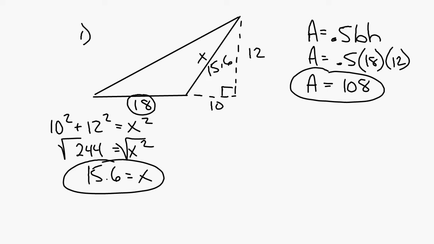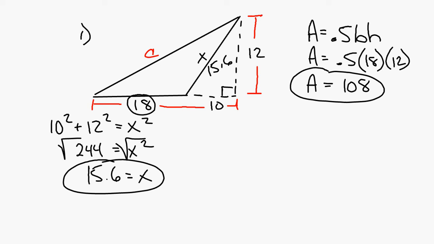Now, to find the third side of this triangle, you have to use this entire side, and you have to use this side to find, we'll call it C. Okay? So you got your 18 plus your 10.